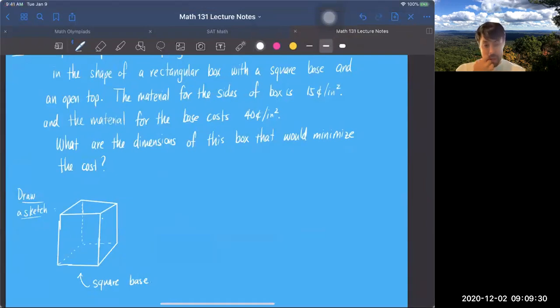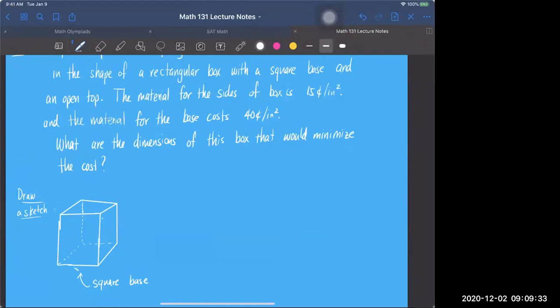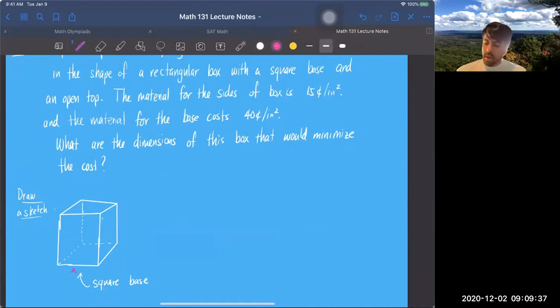I would say x. X works. So then I want to create my variable. So x will be the side length of the square base.